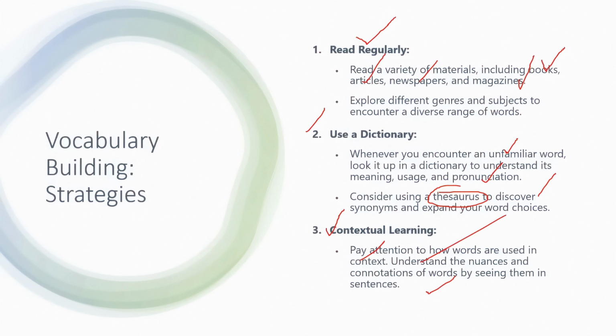Sometimes a word has different dictionary or literary meanings that may change in context. So it is very important to study books, articles, newspapers and magazines so that you may familiarize yourself with the different usage of the word, how the word can be used.